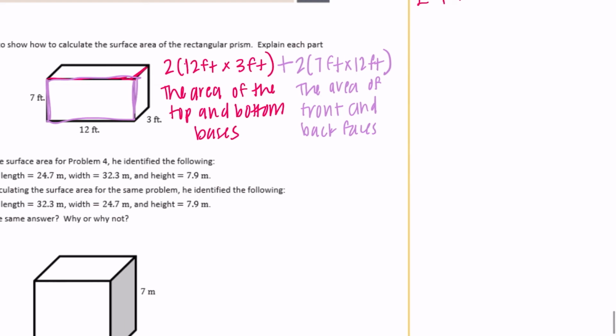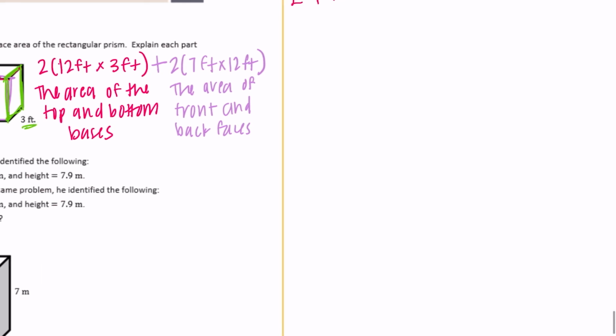And then let's do the side faces. So the side faces would be 3 feet by the height, which is 7 feet, and there's 2 of them, plus 2 groups of 3 feet by 7 feet.